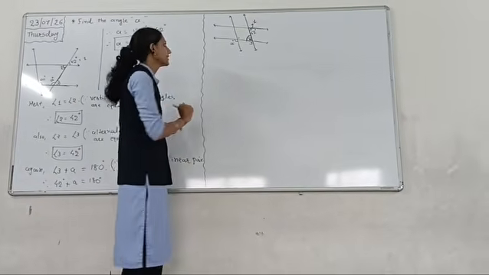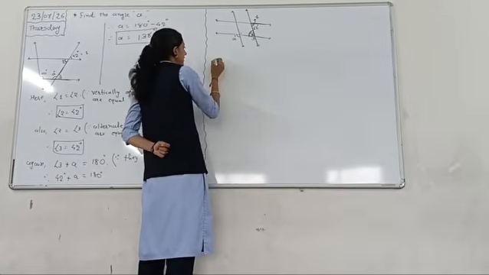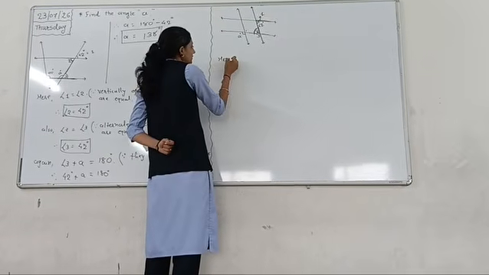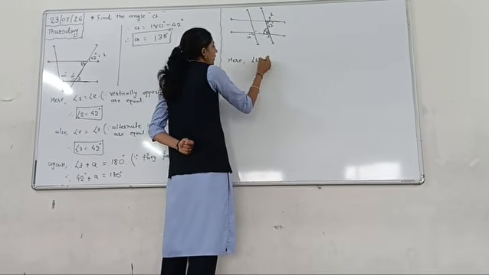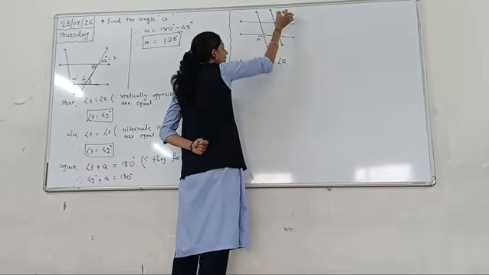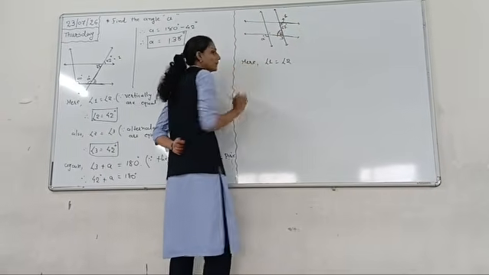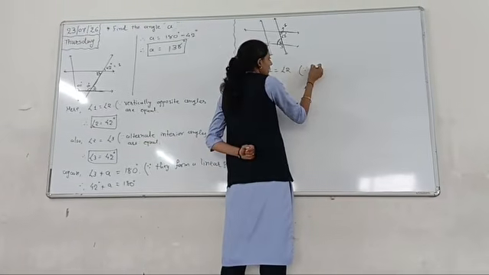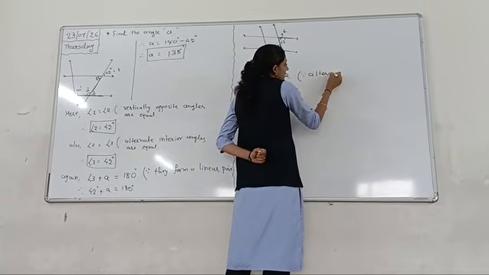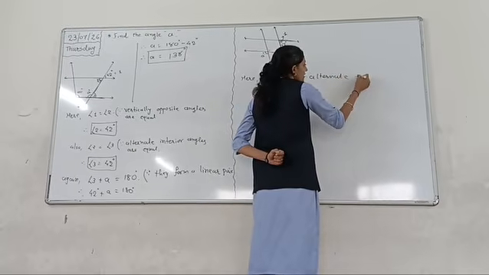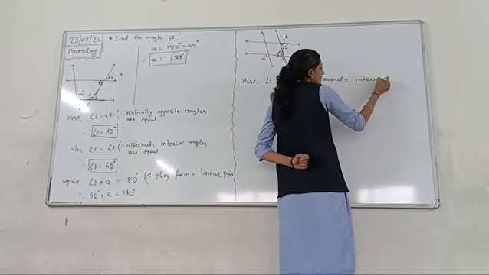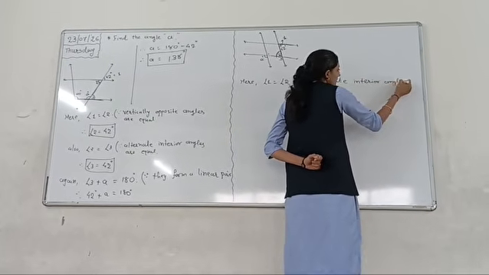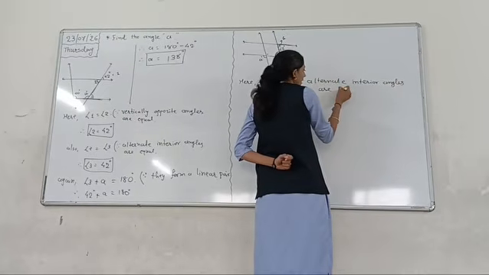Okay, now first let us take angle 1 equal to angle 2. This is 1, this is 2. What are these two forming? Alternate interior angles. So here we will write, because alternate interior angles are equal.